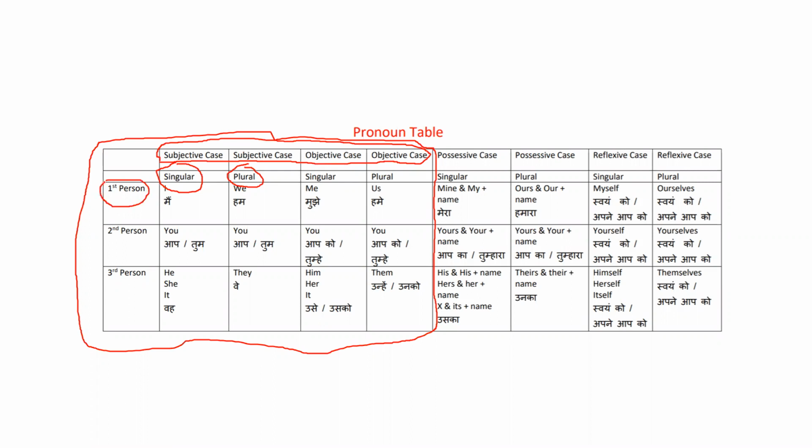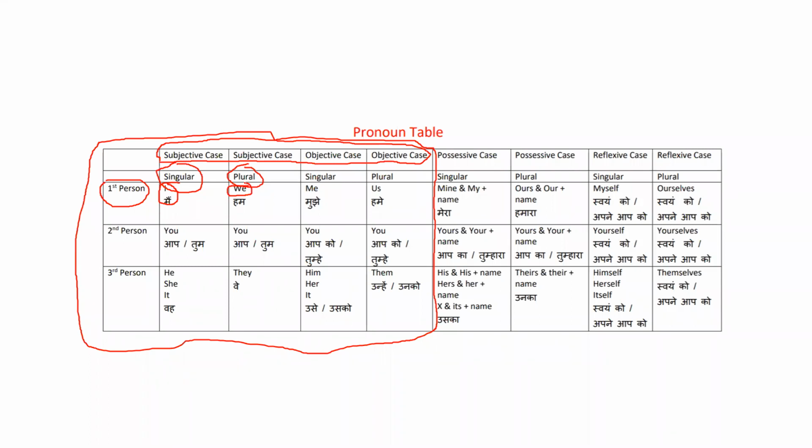So when we have to write any pronoun for the speaker, अगर मुझे बोलने वाले के बारे में कोई pronoun लिखना है, that pronoun is categorized in first person. So simply we can say I and we. These 2 words are called first person pronouns, because I am speaking with you, and suppose any sir or ma'am is standing with me, so we are speaking with you.